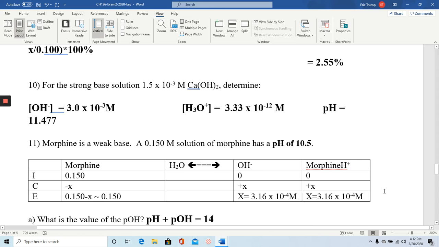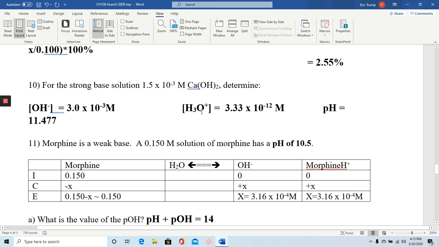Okay, and then number 10 is a strong base calculation. So we have calcium hydroxide, and we worked a problem similar to this in class. Each calcium hydroxide is going to produce 2 hydroxides when it dissolves. And so the hydroxide concentration is actually going to be twice that of the calcium hydroxide initial concentration.